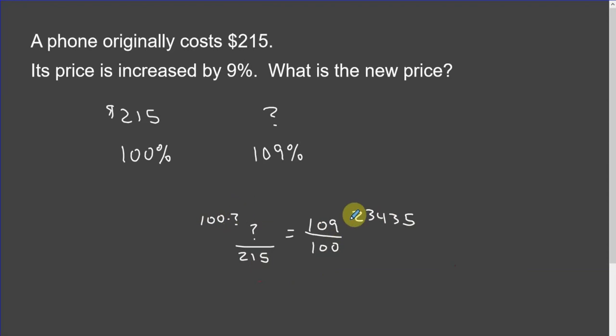So 100 times the unknown equals 23,435. So the unknown number is 23,435 divided by 100, which is 234.35. And so that is the new price.